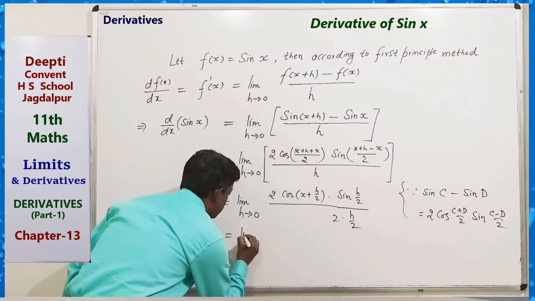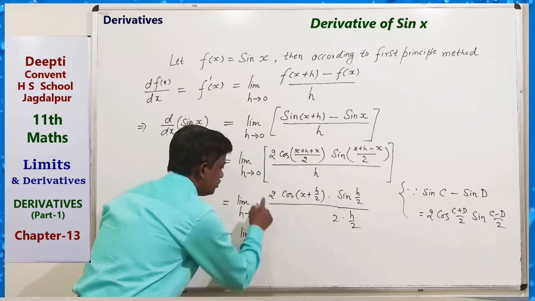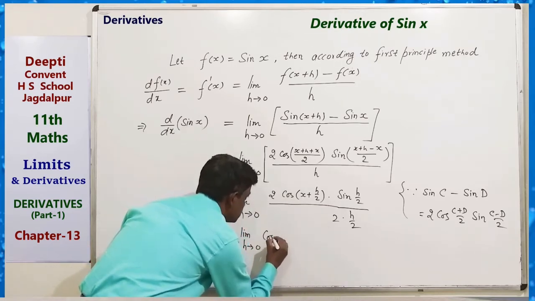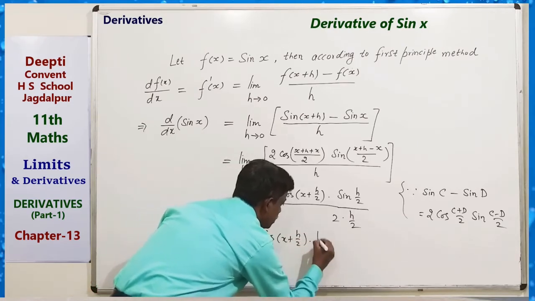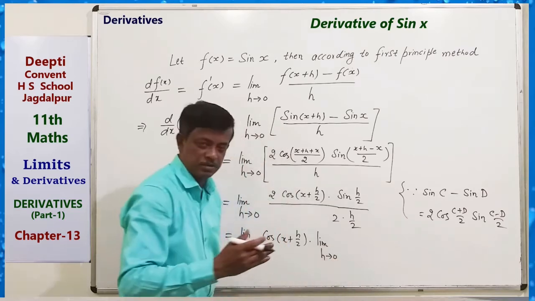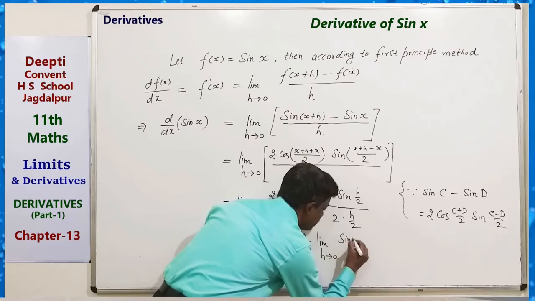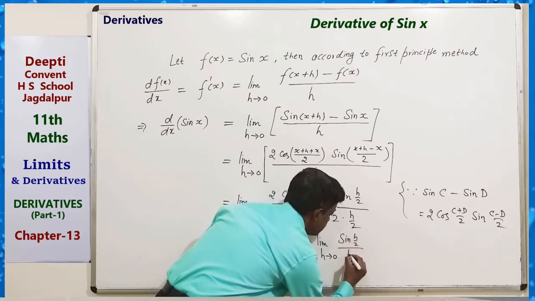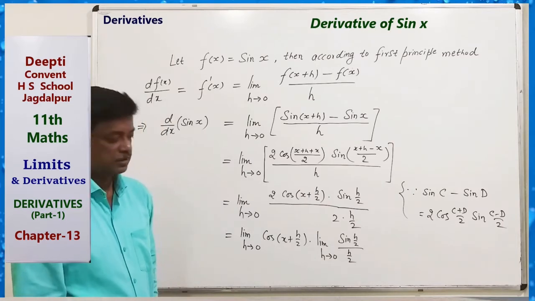So limit h tending to 0, the 2 cancels. So cos(x plus h by 2) into limit h tending to 0. This limit can be separated as a product. So sin(h by 2) upon h by 2. So we are getting it like this.